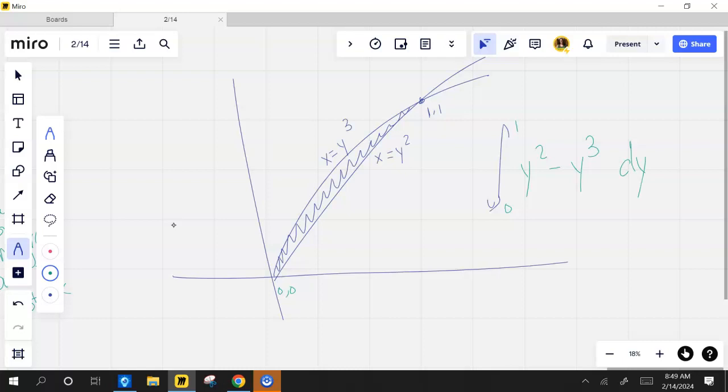You could do this top minus bottom if you wanted to. But in order to do this one top minus bottom, I would need to say, okay, well, that means that y equals the cube root of x, and that y equals the square root of x.